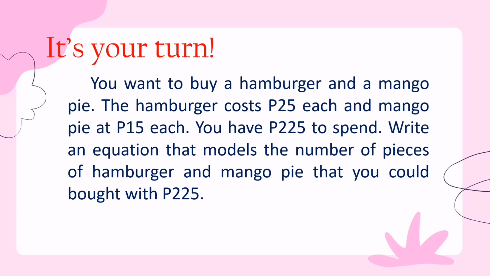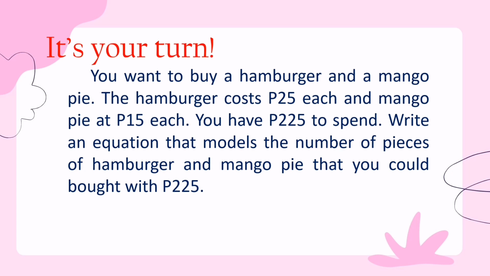In this given problem, the first thing that you need to do is to identify the unknown quantities in the given problem. And what are these? The number of pieces of hamburger and the number of pieces of mango pie.